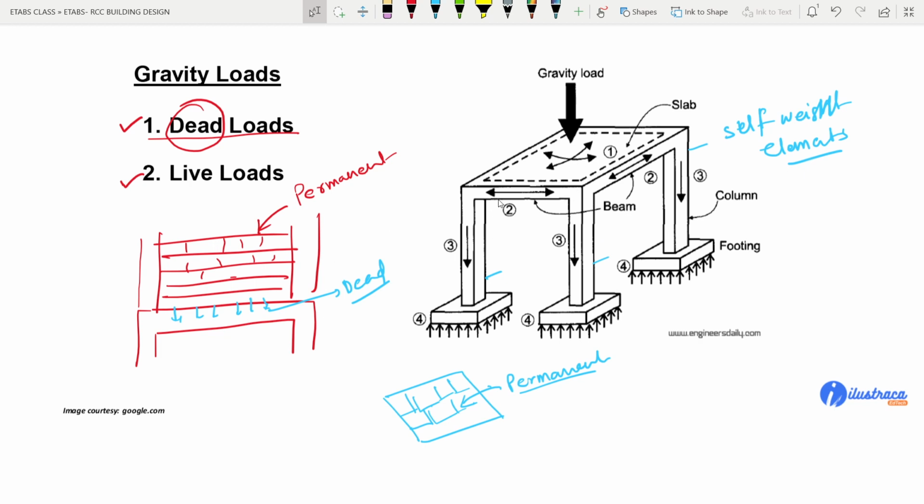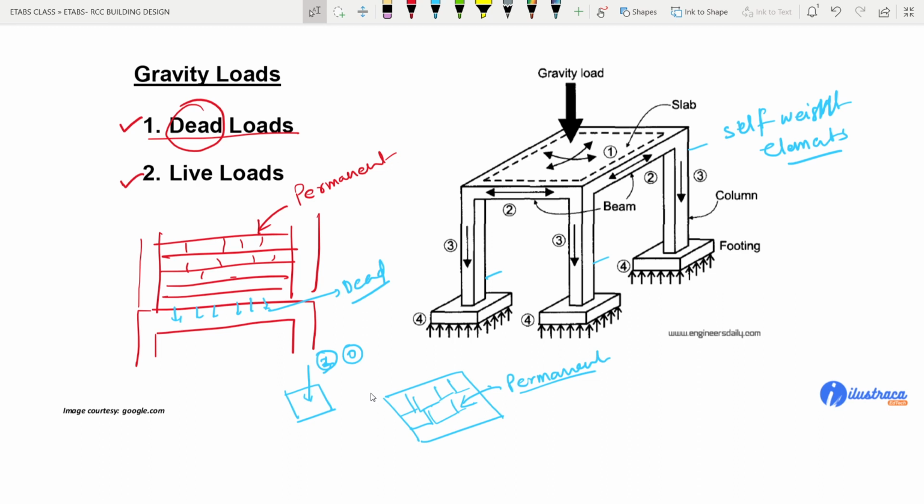Now suppose there will be, obviously when you construct a building, people will be living on it, or if it is a commercial building, like a shopping mall, hundreds of people will be moving every day. But you cannot say that at this particular area all the time there will be one person. No, there cannot be. There might be 2 persons, there can be 3 persons, or there will be no person staying on a particular area on the floor, right?